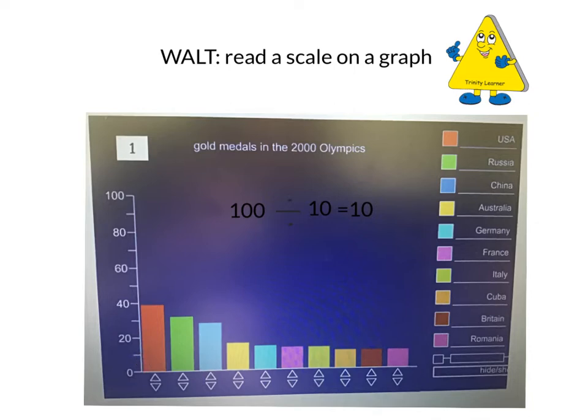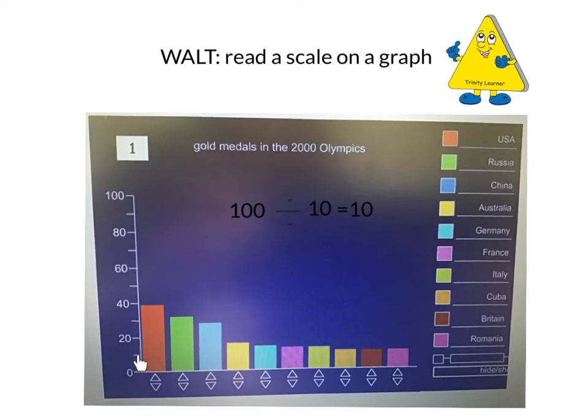If you got one of like this one, which I think is France, if we go across from France, now that is in the middle again. So how would we figure out that one? It's in the middle of 10 and 20. So what would be halfway between 10 and 20?